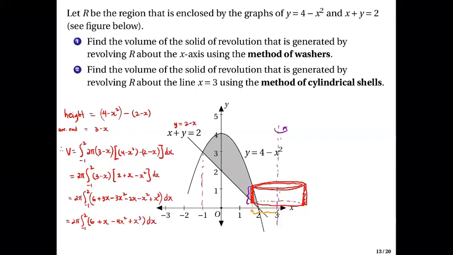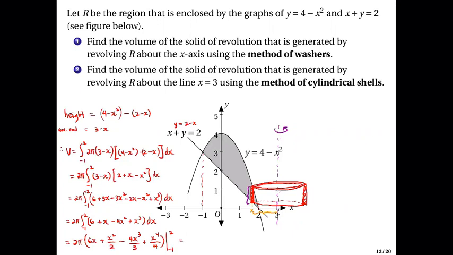Then we have the dx. Now we are ready to evaluate. So 2 pi times 6x plus x squared over 2 minus 4x cubed over 3 plus x to the 4 over 4, evaluated from negative 1 up to 2.